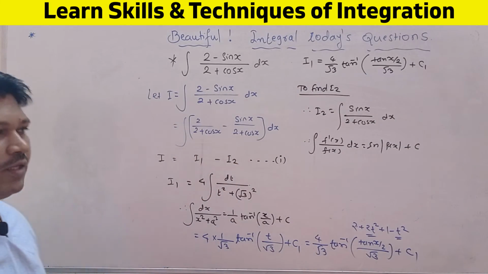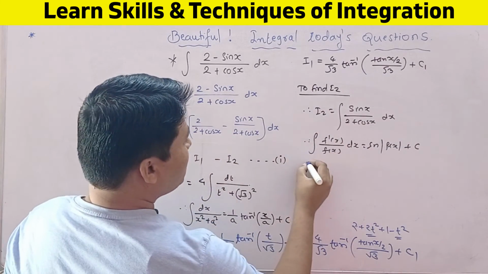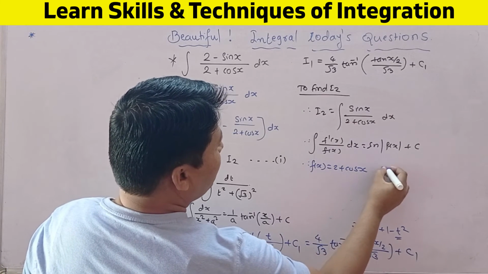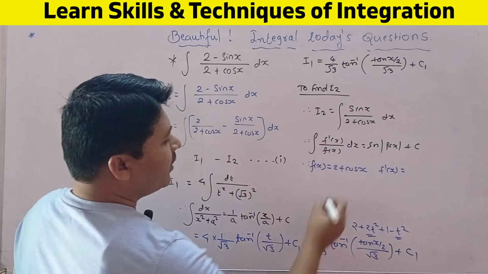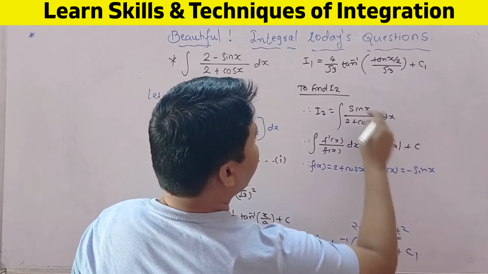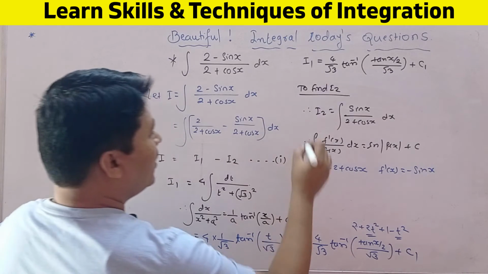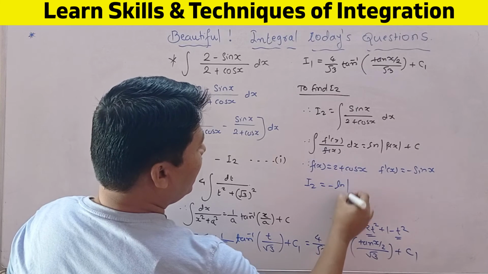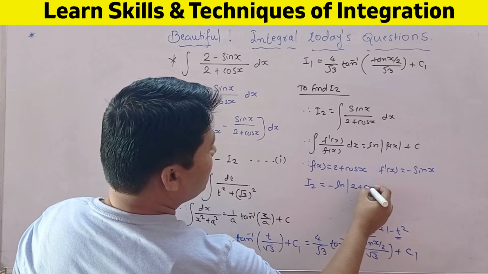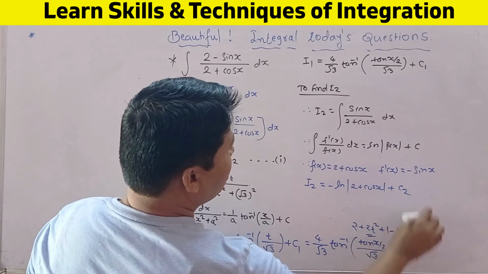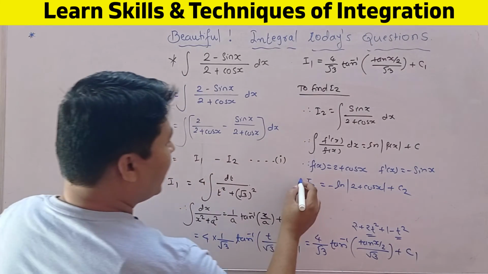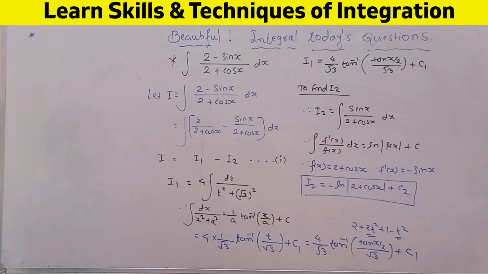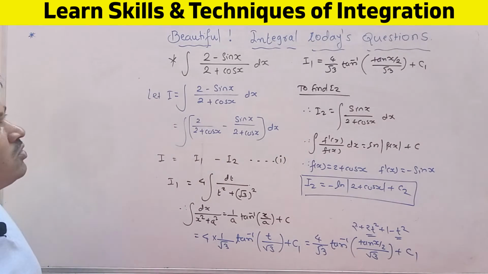Now we observe that the function f of x is 2 plus cos x, and its derivative is minus sin x. Therefore I2 is equal to minus ln (2 plus cos x) plus c2, where c2 is a constant. Now we can find the final solution.